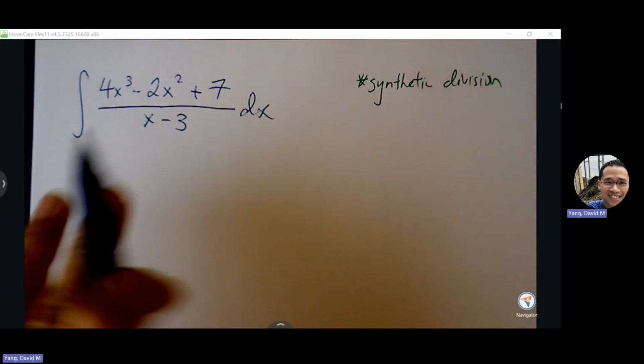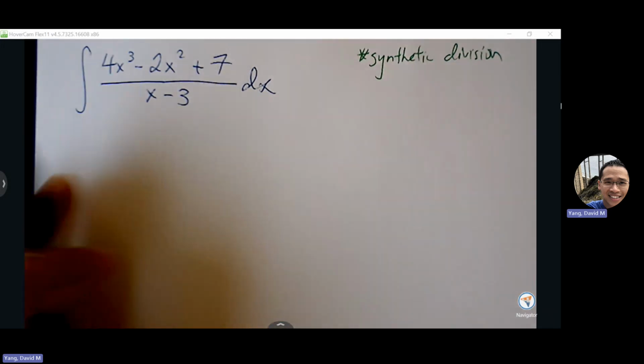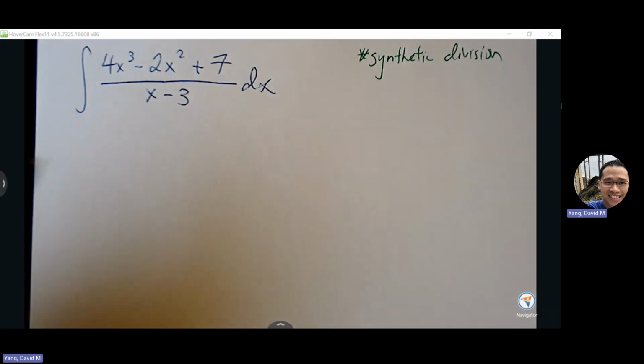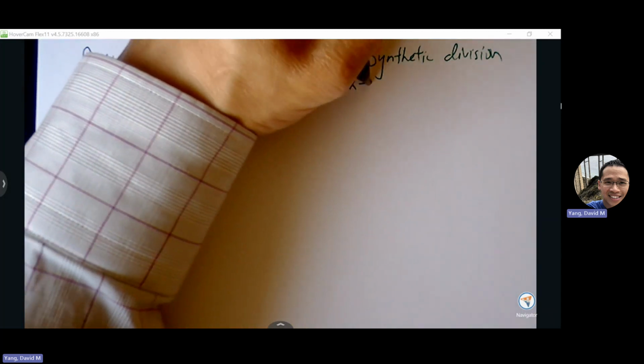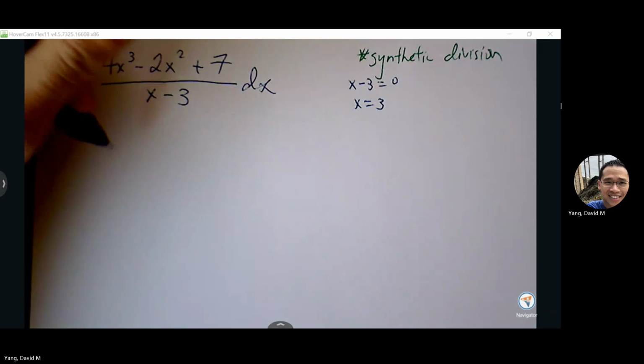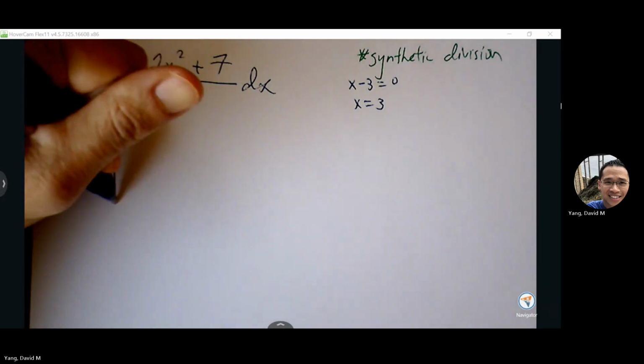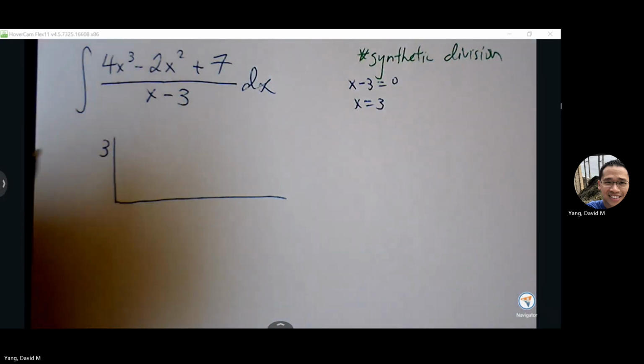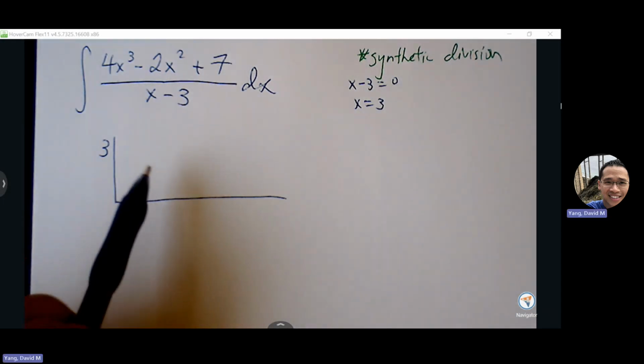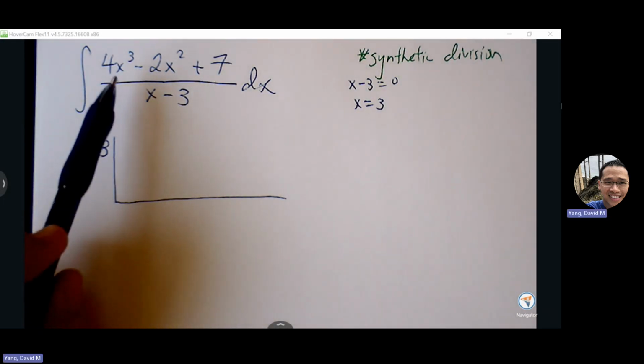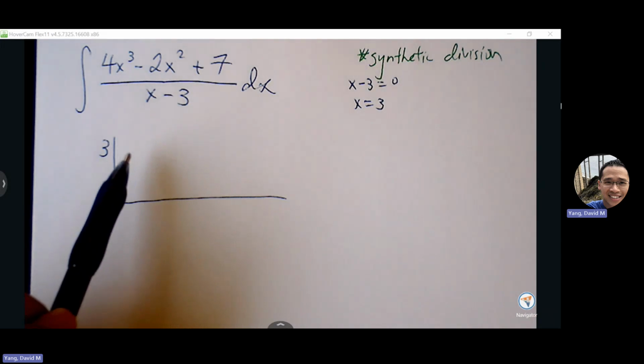Okay, what do we start off with? What do we look at first? The x minus 3. x minus 3 equal to 0. What factor do we want to use? Okay, we're just going to use numeric values. For each degree, we start off with the highest degree.